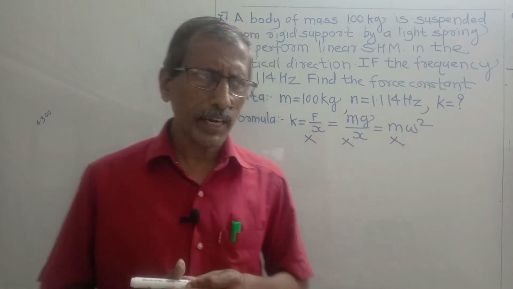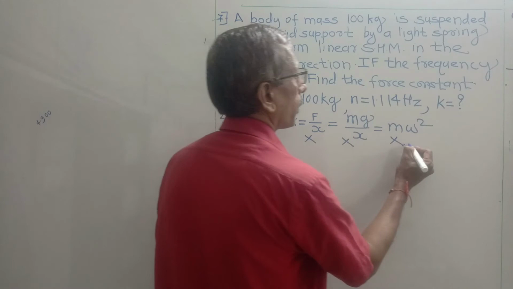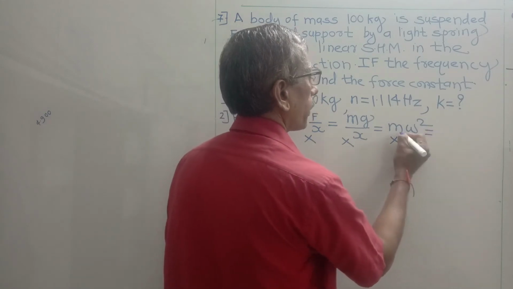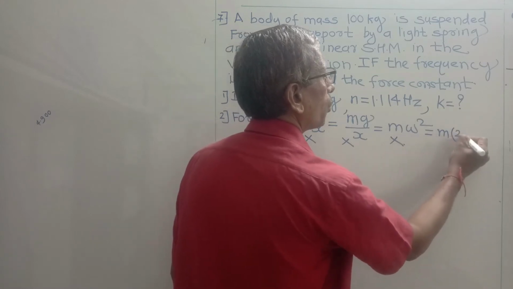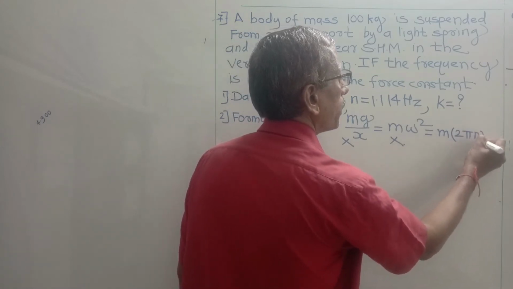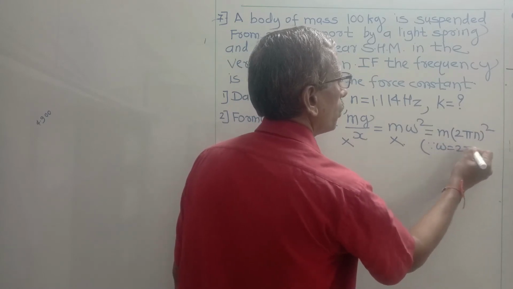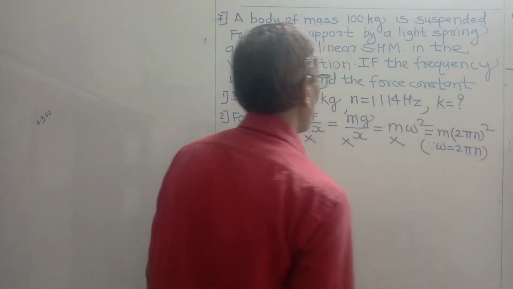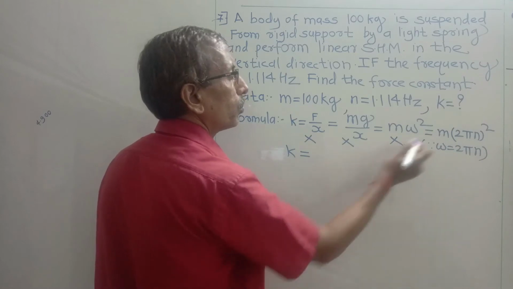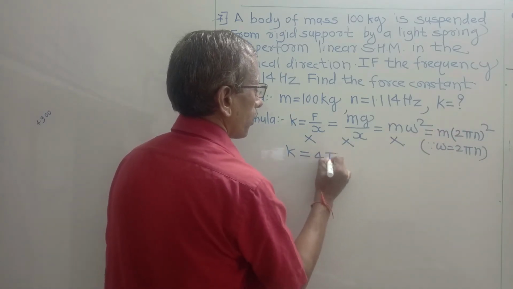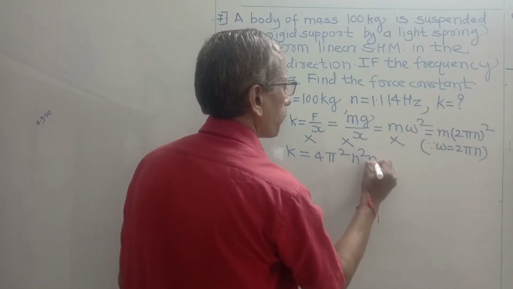So omega is related to n by the relation omega is equal to 2 pi n. So the value of omega square is 2 pi n whole square. So we get another formula, k is equal to 4 pi square n square into m.